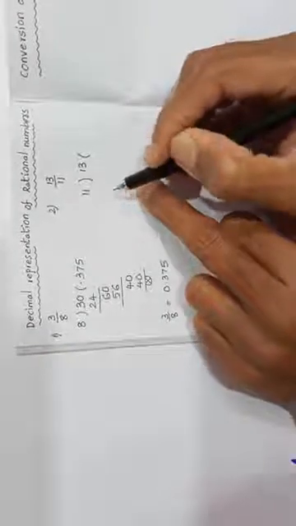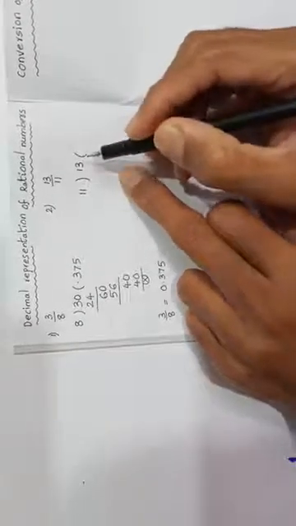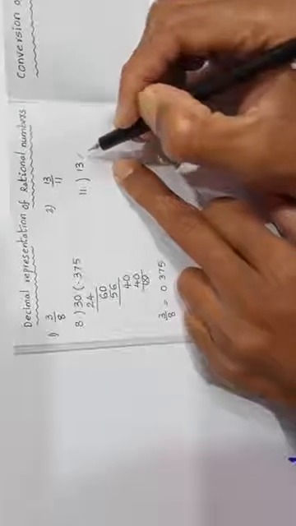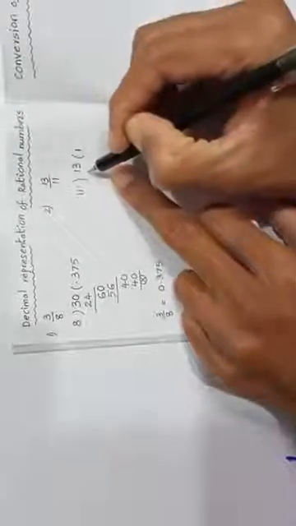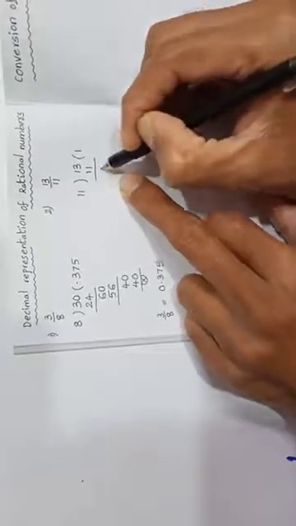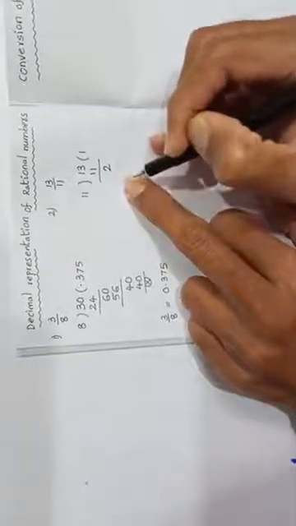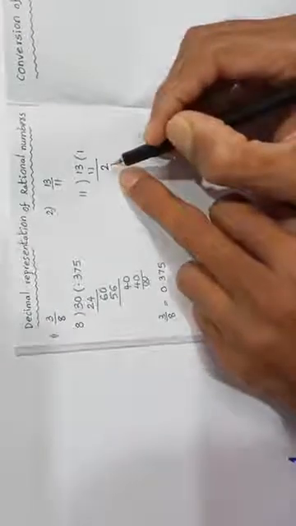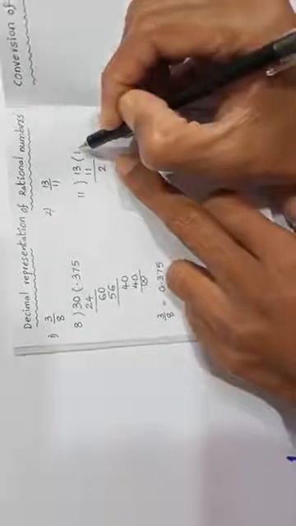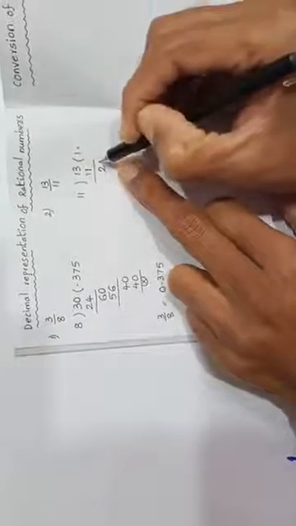In the 11 table near 13, 11 1s are 11, 11 2s are 22. So we take 11 1s are 11. Next, subtracting, 13 minus 11 is 2. In the 11 table, 2 is not possible because 2 is lesser, so we put the decimal and take 0.